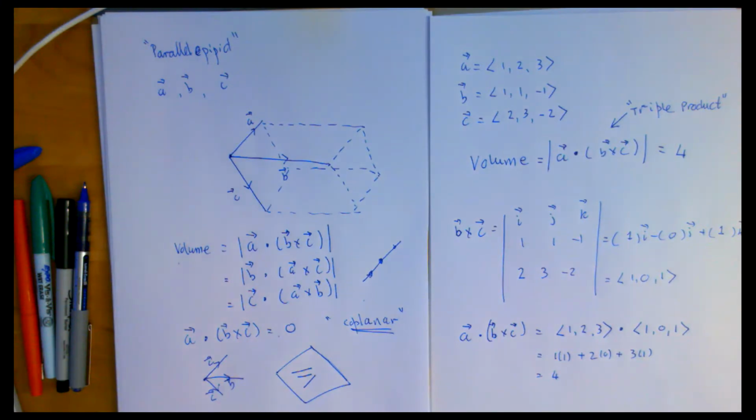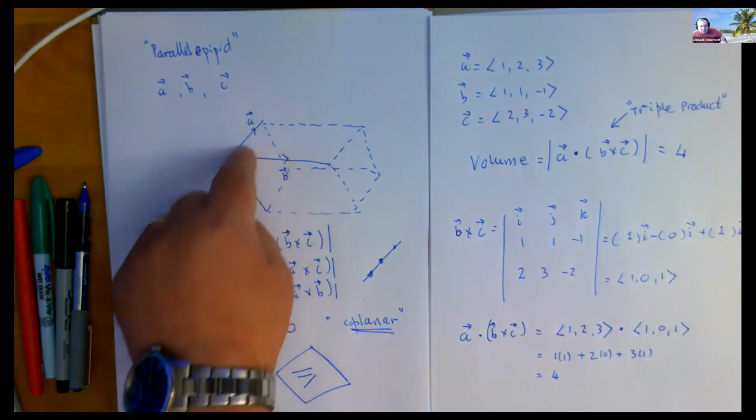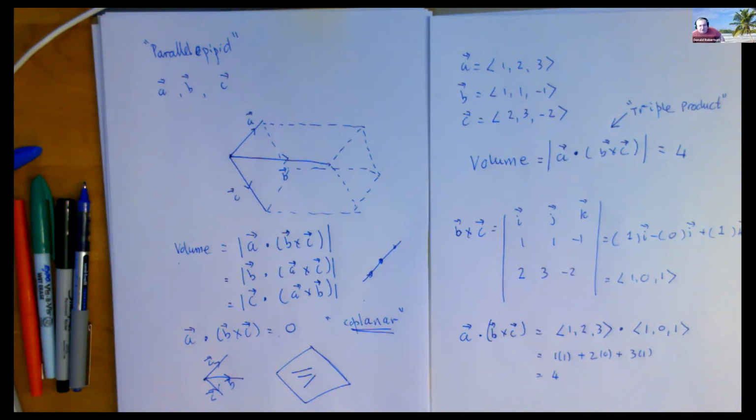Wouldn't they still have to be coplanar to be parallel to each other? Yes. So it's just a very special case of coplanar. So the answer would be you would still get 0. You're right. So we're going to imagine these different kinds of combinations, but most of them end up being, if it's a number, it means that the 3 vectors are not particularly interesting, they're just random vectors.